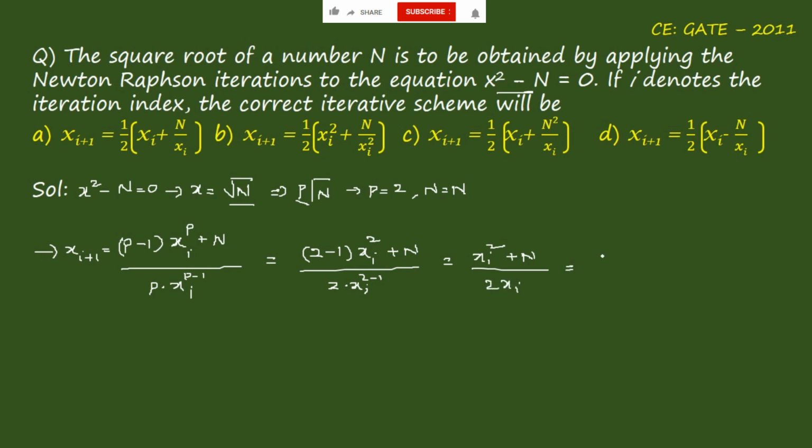Taking 1 by 2 common, it becomes 1 by 2 into x of i plus n by x of i. The option that satisfies this is option A. So the answer is option A. Next question.